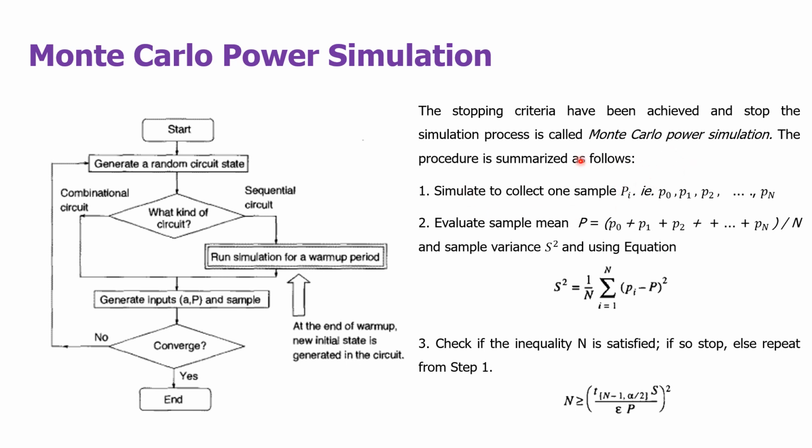The procedure is summarized as follows: simulate to collect one sample, evaluate the sample mean and variance using this formula, and check whether the inequality is satisfied to stop. So this is the way the power can be estimated, whether a combinational circuit or a sequential circuit is simulated. This is the concept of Monte Carlo power simulation.